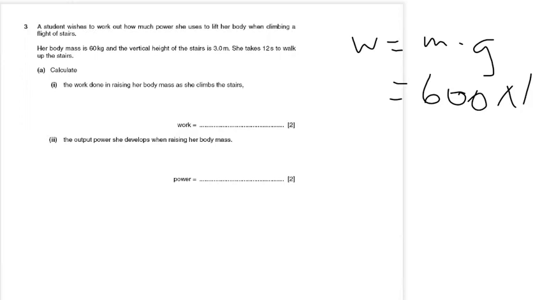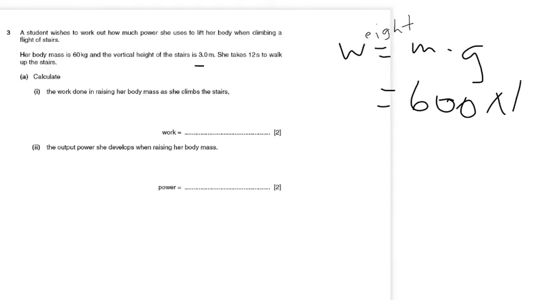The stairs are 3 meters high. So this is weight. I just clarified that really quick, because we're going to be using work also. So work, I'll do work in red here.